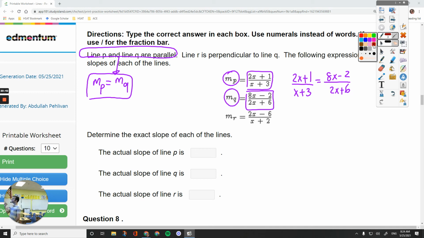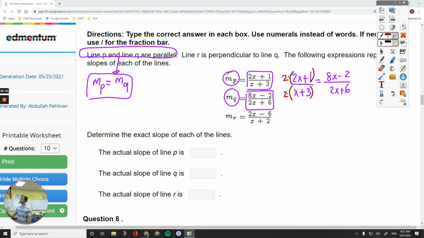If you look at the denominators, one of the denominators over here is x plus 3. This one here is 2x plus 6. So there is a relationship between them. If you multiply this one by 2 and that 3 by 2, basically multiply the whole fraction on the left by 2, multiply right here and then right there.